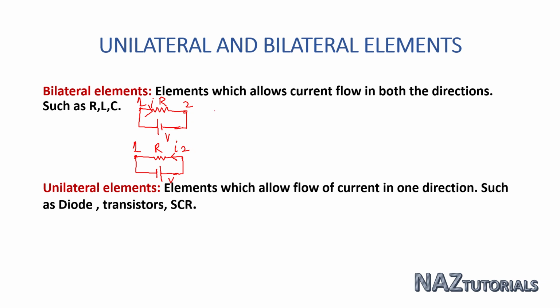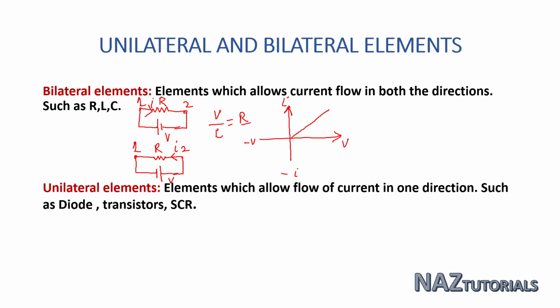That means V by I is equal to R. If you see the VI characteristics, this is voltage, this is current, this is minus V, this is minus I. If you increase the voltage, current will increase and the characteristics will be like this.